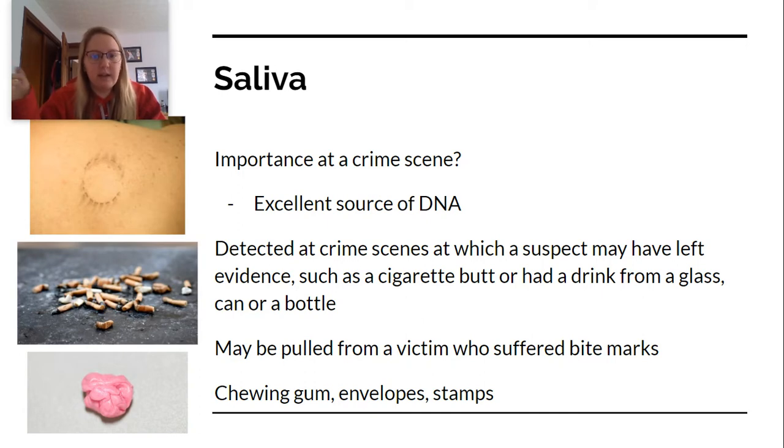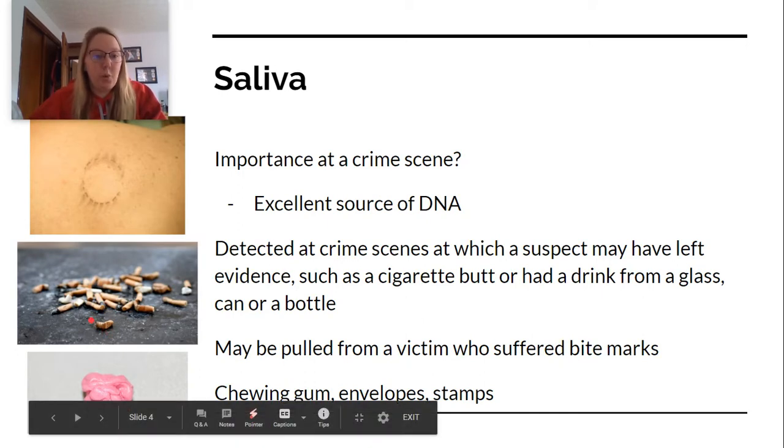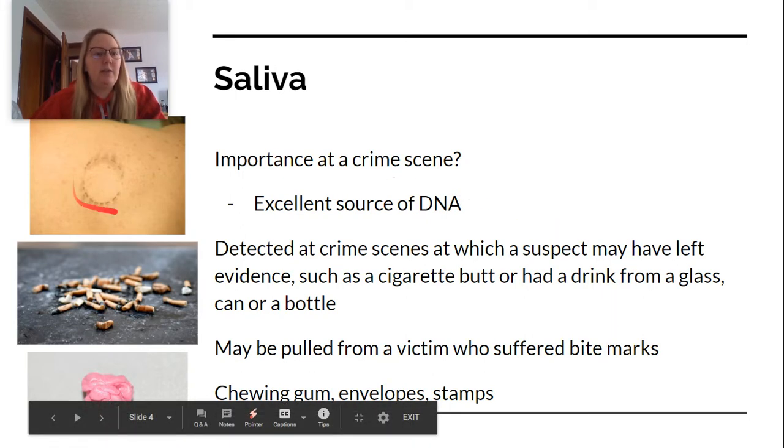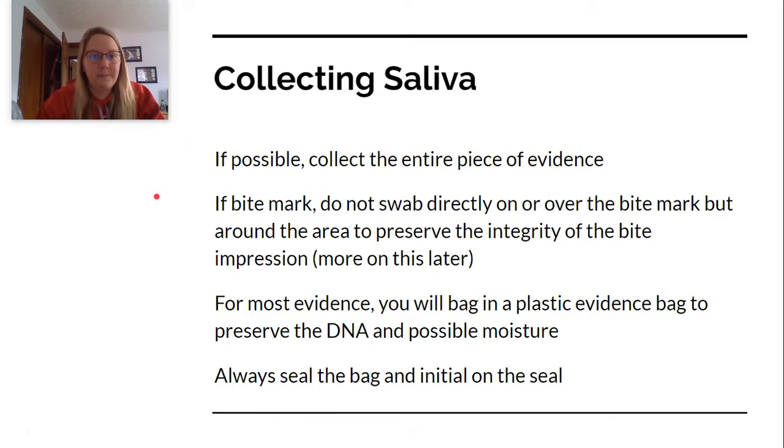They don't realize that. So we use these cigarette butts or this piece of chewing gum left behind. We can analyze envelopes or stamps that have been licked to pull a DNA profile off. And then, of course, our bite marks, which is actually how Ted Bundy ended up getting arrested.